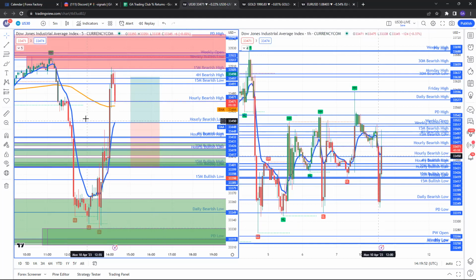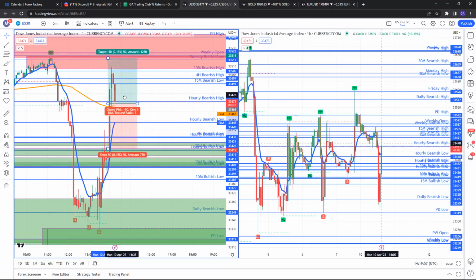So right now it's testing the 200 EMA and the structure right there. So that's one entry right there.